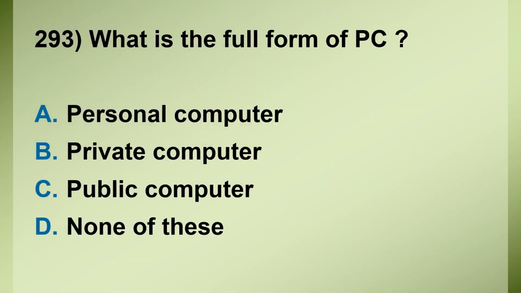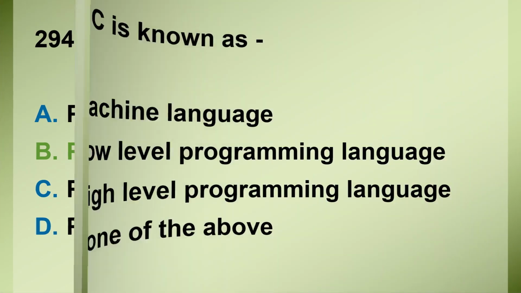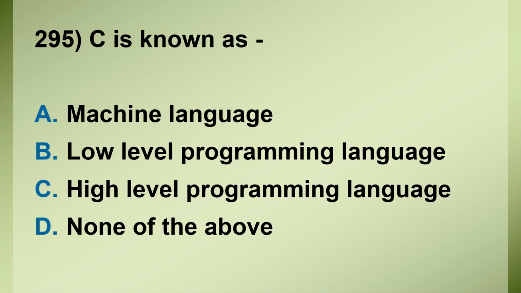What is the full form of PC? PC means personal computer. What is the full form of PDA? PDA stands for Personal Digital Assistant. C is a high-level programming language.